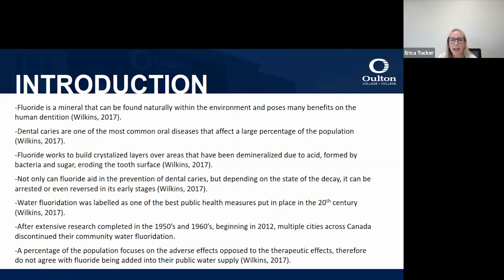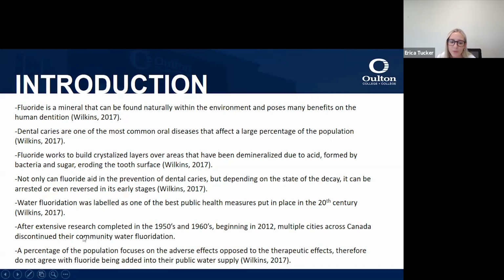Demineralization happens when acid forms from bacteria and the sugar that we consume in our diet, and when this acid occurs, it erodes the enamel surface, so it demineralizes that area. That's what fluoride can do: build that crystallized layer and remineralize it to stop the caries from progressing. Sometimes if it's in its early stages, it can even prevent it or reverse it, so it can stop it, which is very good.